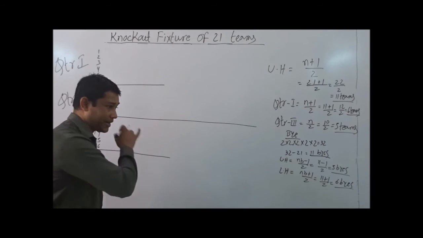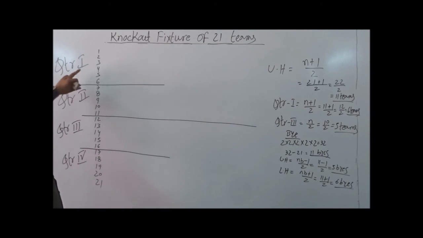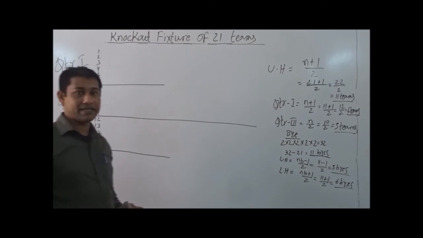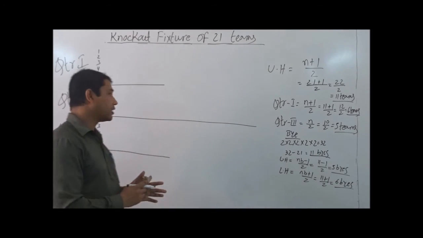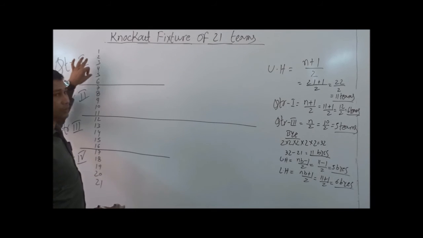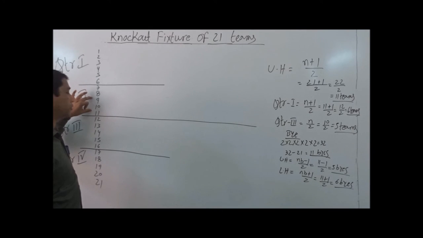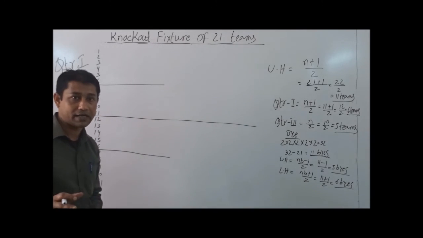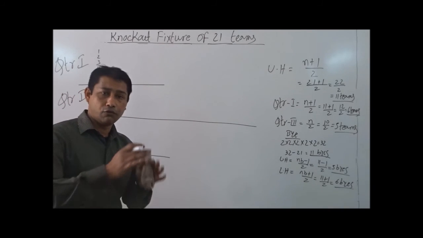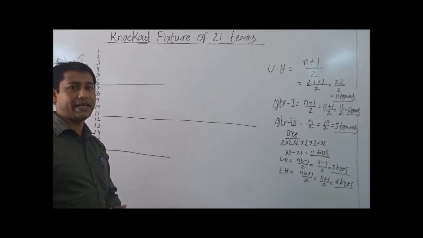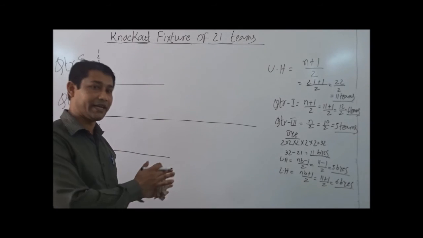Here, please pay attention. While distributing byes in upper half, that is quarter 1 and quarter 2, I will treat quarter 1 as upper half and quarter 2 as lower half. Whatever process we have applied so far while distributing byes, the same process we will be applying here also.